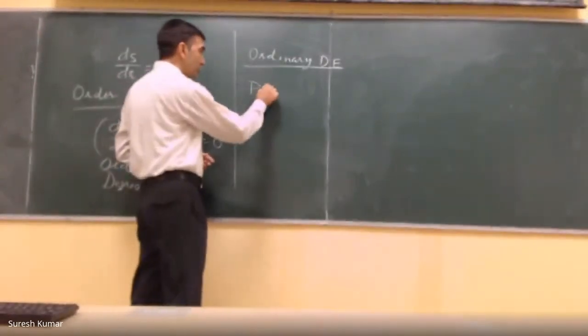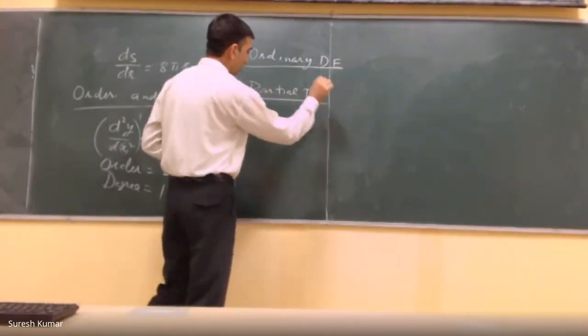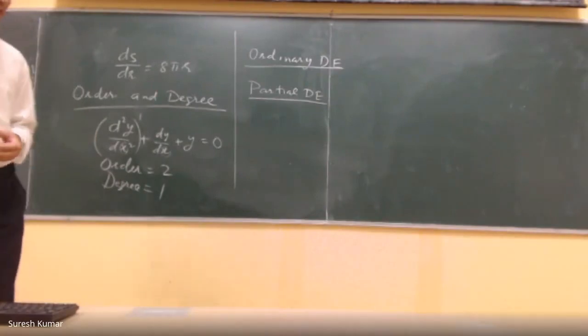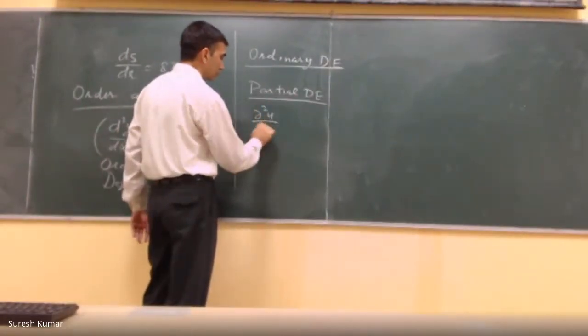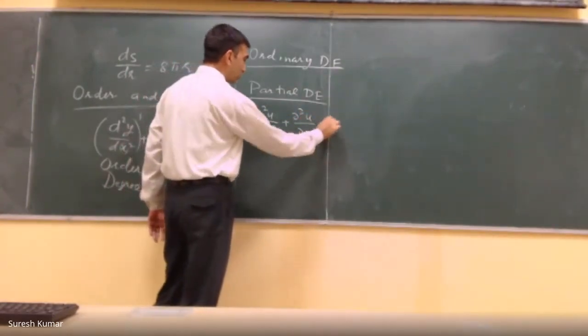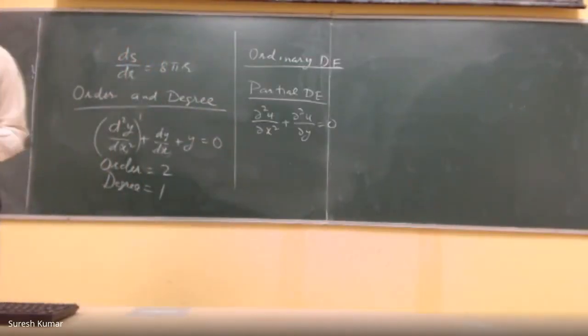And what is a partial differential equation? A differential equation carrying more than one independent variable. For example, or in simple words, we can say a differential equation carrying partial derivatives is called a partial differential equation.